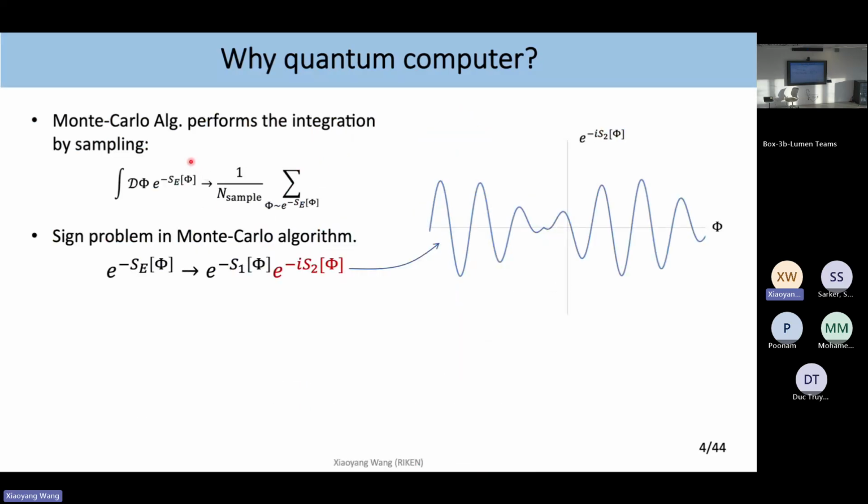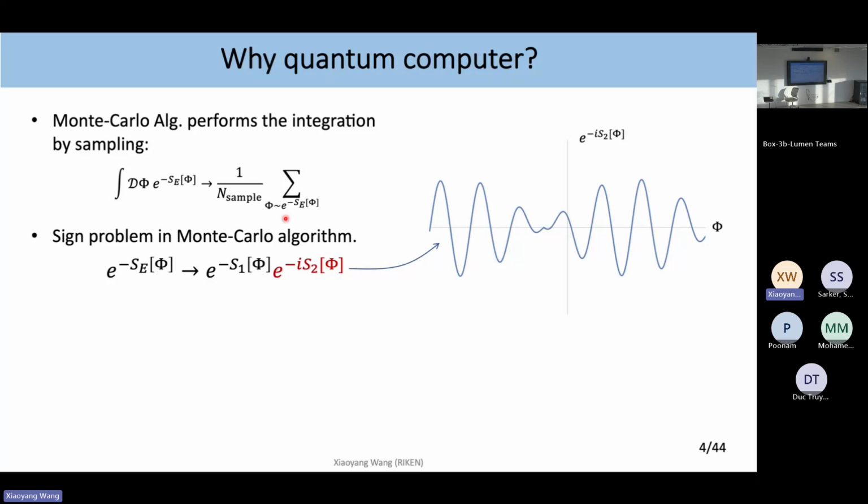The Monte Carlo method performs high-dimensional integration by transforming the integration into a finite sampling of configurations sampled from the Boltzmann distribution.